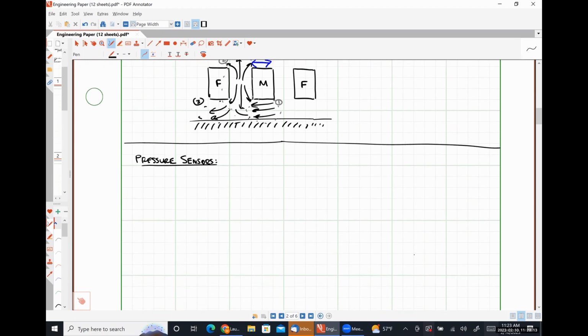In its most simple form, we might have some sort of structure like this. This would be an example of a surface micromachined thing.